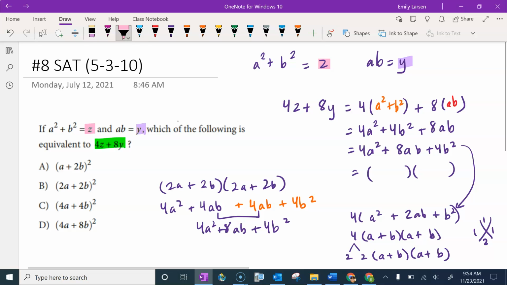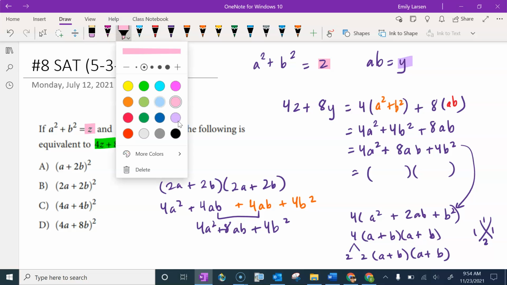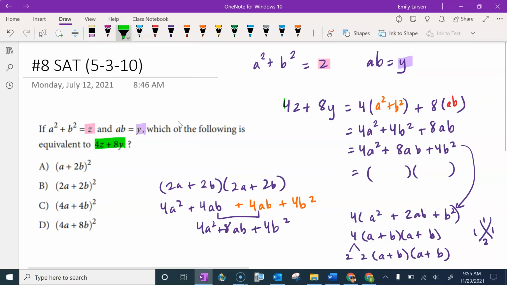So I'm looking for the equivalent expression of 4z plus 8y. So once I plug those in, I can see that I need to distribute, and I'll get 2 terms, and then when I multiply 8 times AB, I get a third term.